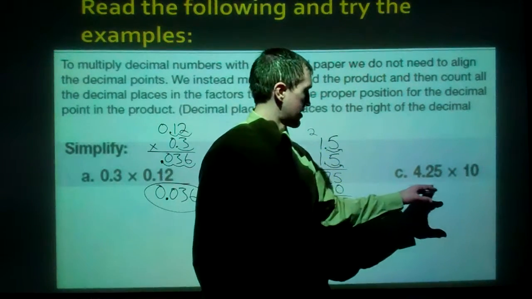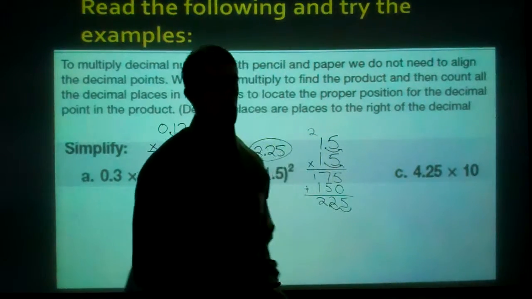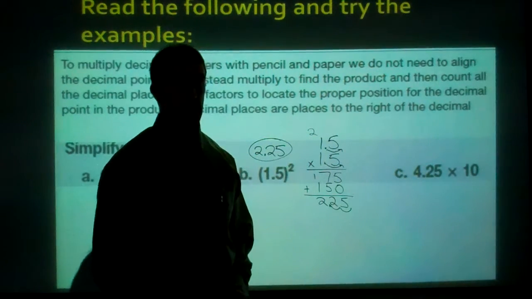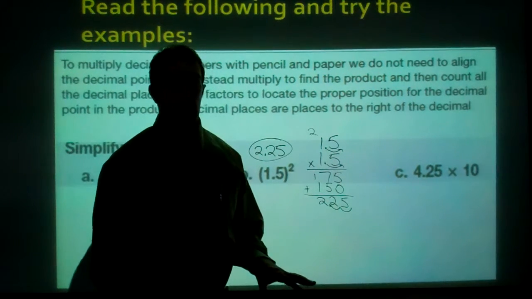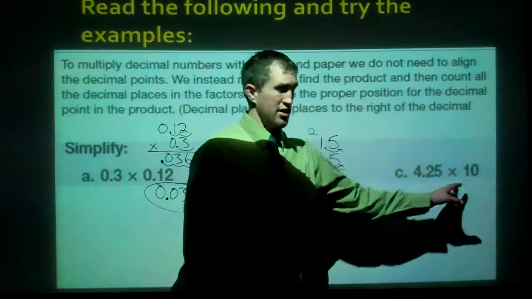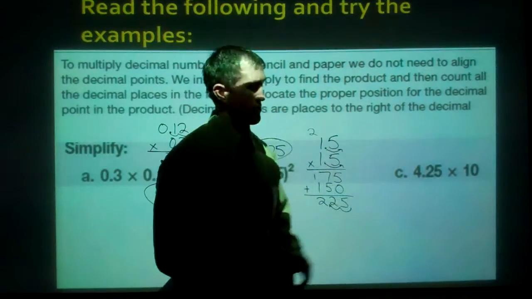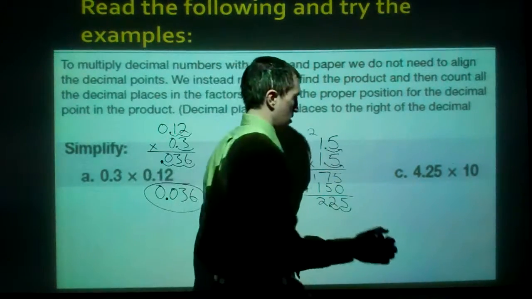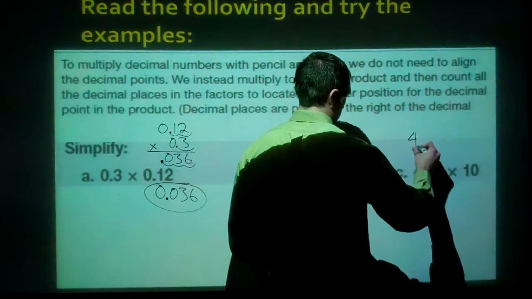We're going to move our decimal point 1 spot over because 10 has 1 zero. So when you multiply by powers of 10, it's moving your decimal spot to the right, and it all depends on how many zeros are in your number. So if this was times 100, we would move it over 2 spots because there were 2 zeros. But it's only by 10, so it's going to go right there, and we get 42.5.